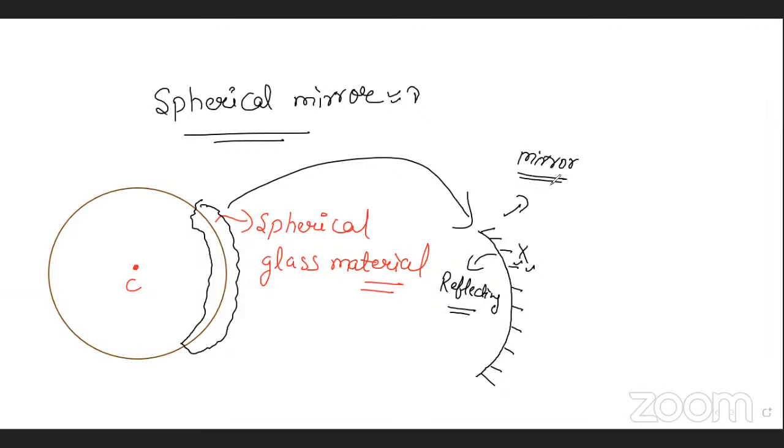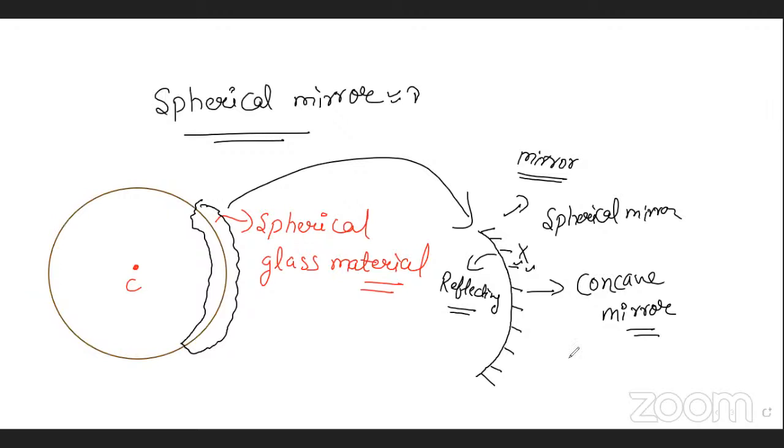And this mirror is known as one of the spherical mirrors. Can anybody give me the name of this mirror? It is known as concave mirror. Very good, all the students.